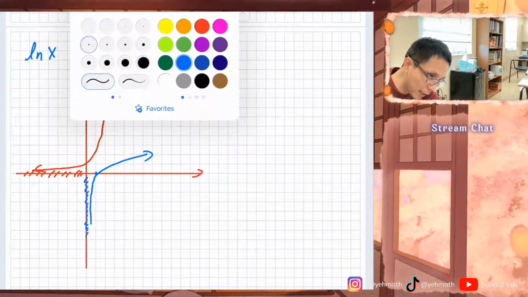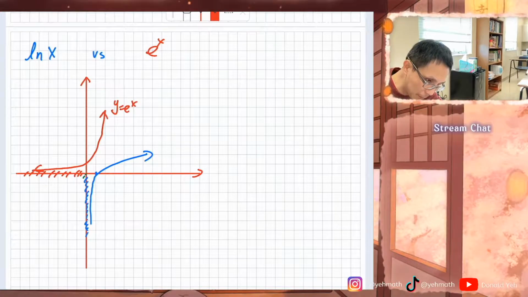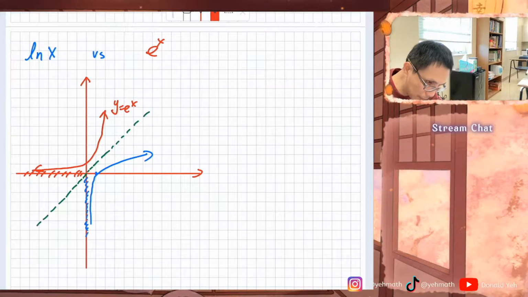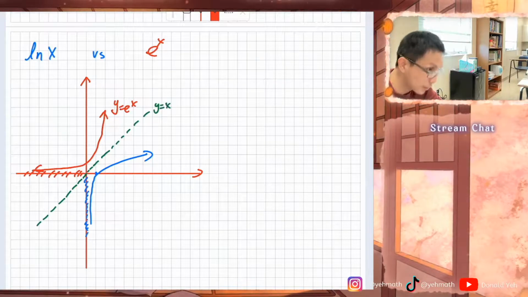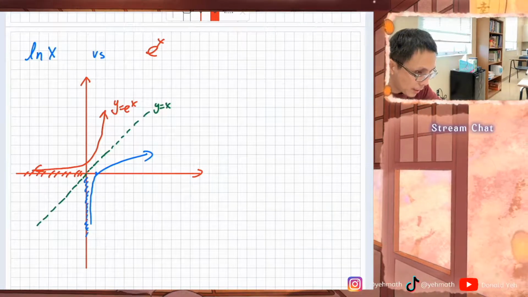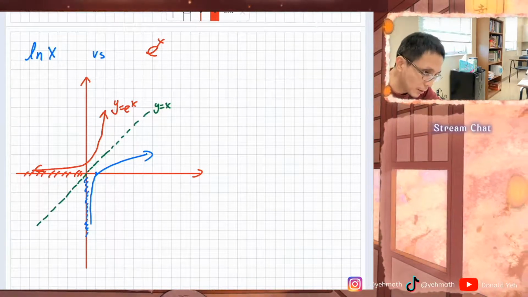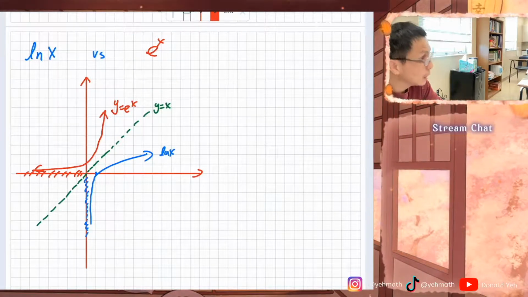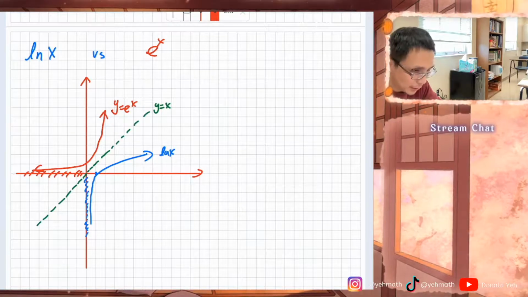So it looks like there is a symmetry here, and that's y equals x. Since they are inverse to each other, it must mean that something's super important. Natural log and e to the x.